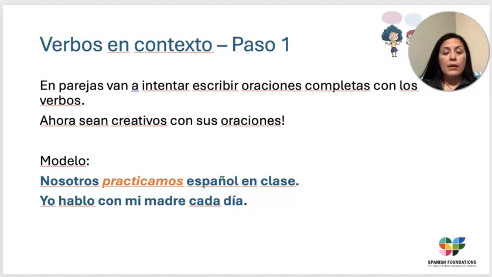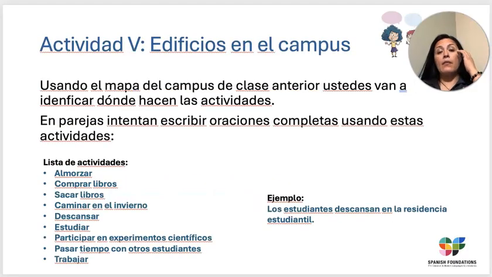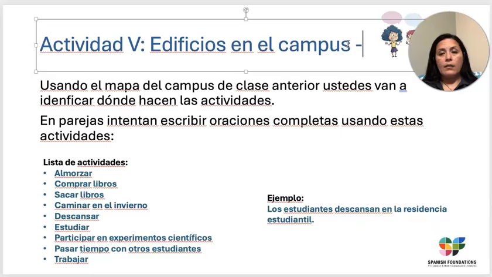From here, let's go to our next activity. So this is activity 5 or activity 6. So here, usando el mapa del campus de la clase anterior, van a identificar dónde hacen las actividades. I want you to write 4 sentences using 4 of the verbs that you see below.